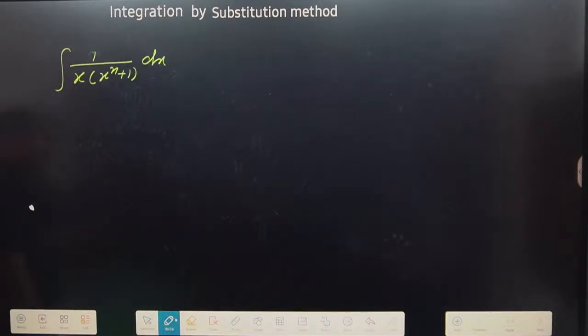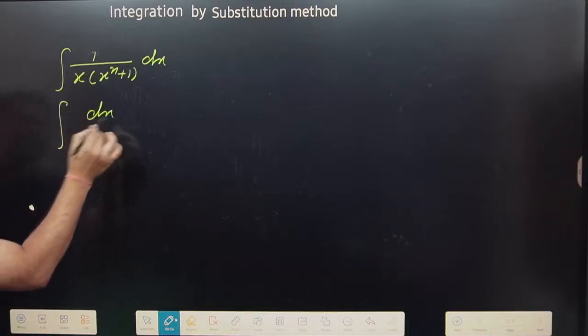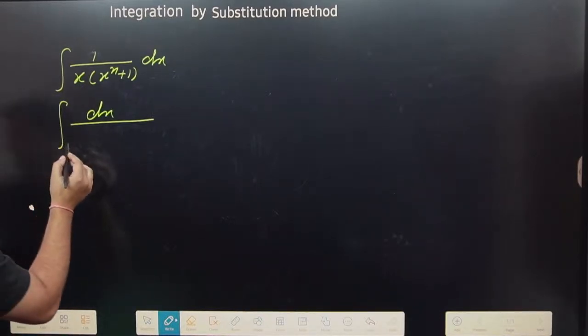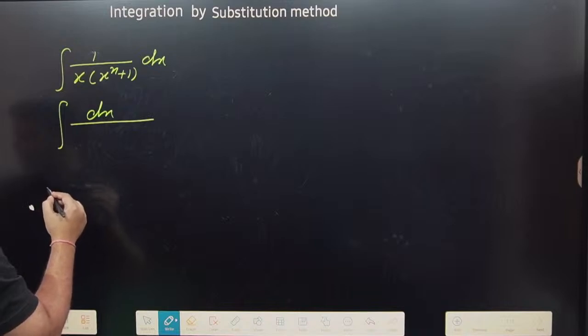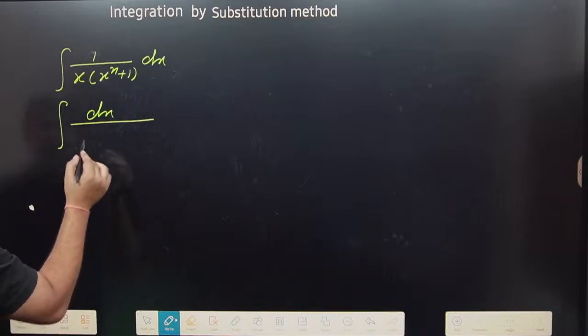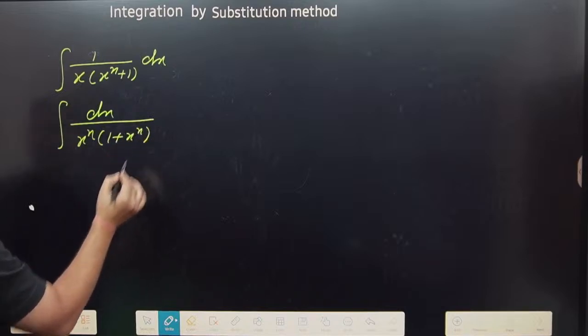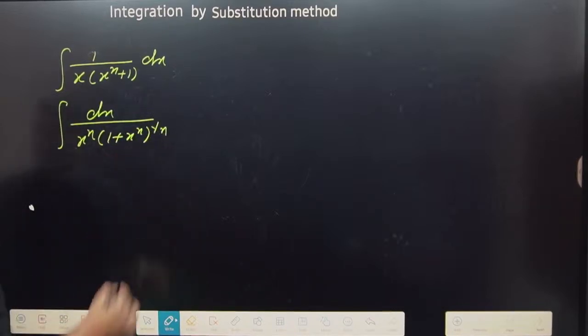If this type of question is available, it is written as dx divided by x to power n into (1 plus x to power n) to whole power 1 by n.